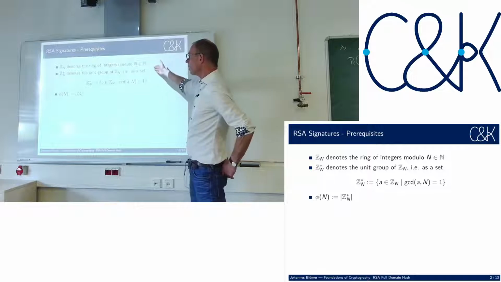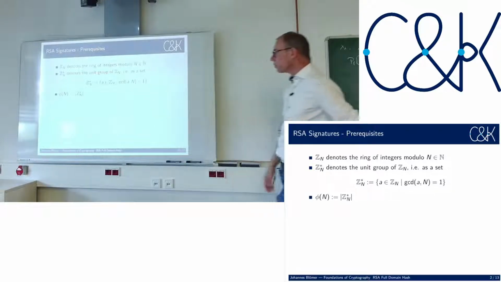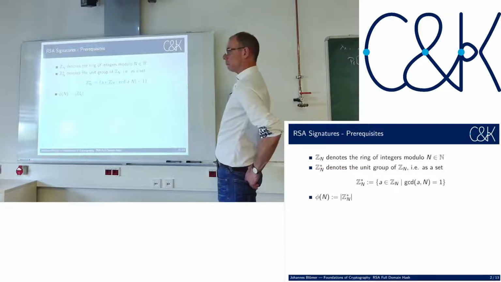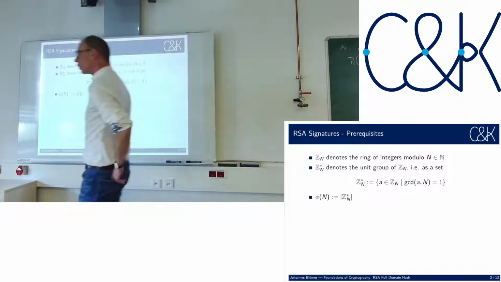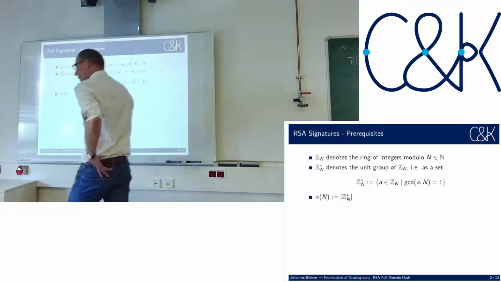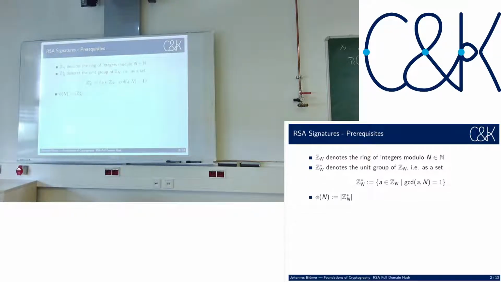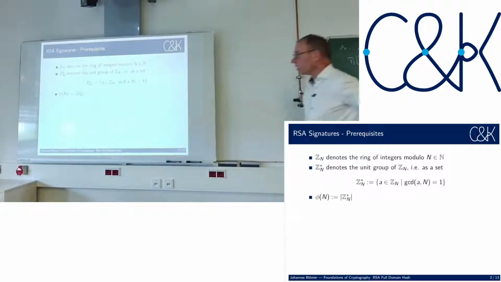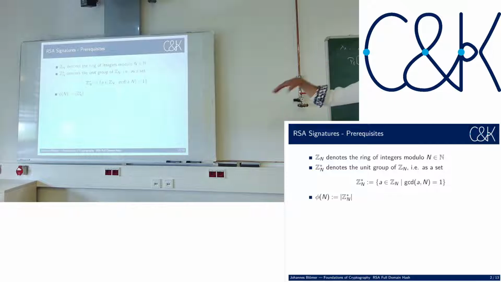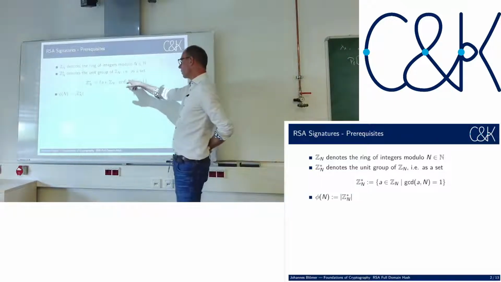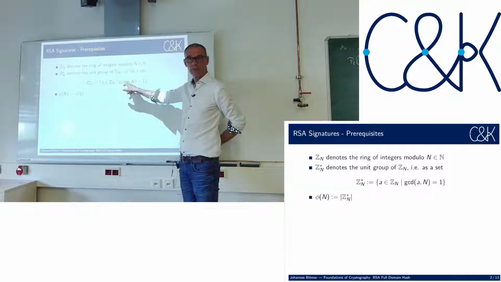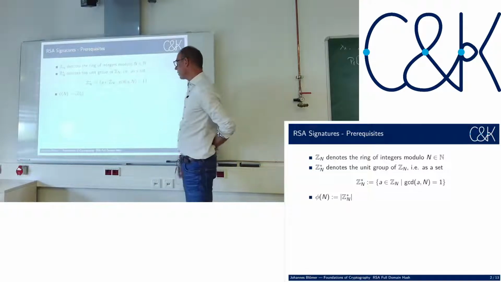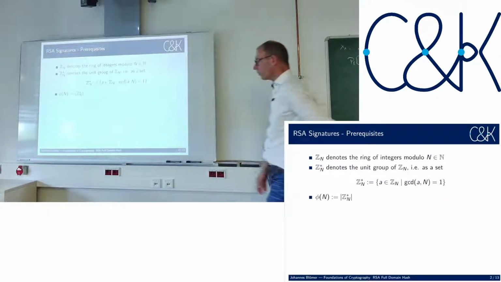As usual, by Zn we denote the ring of integers modulo n. Zn star denotes the unit group in Zn, so the set of all a in Zn such that the GCD of a and n is 1. This is true because you just need to talk about a representative for every class. If it's true for one representative, it's true for all representatives.